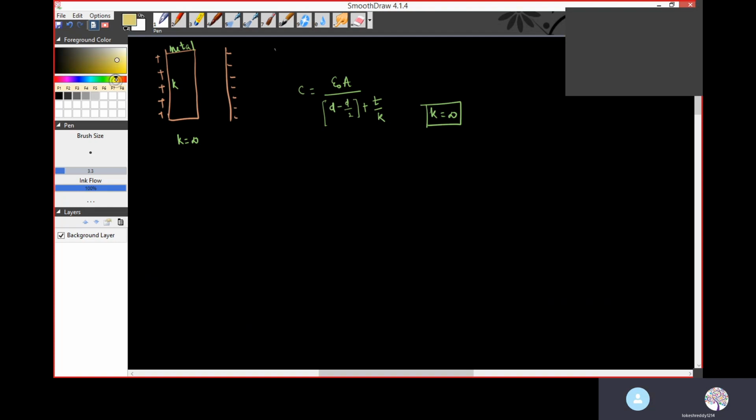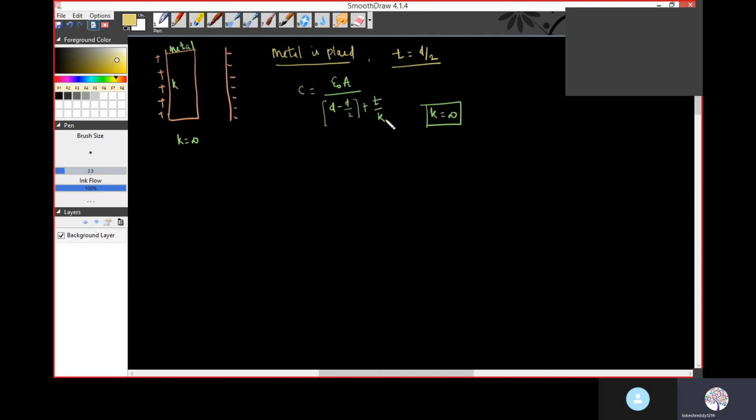Here the question is, a metal is placed whose thickness is equal to d by 2. That's why I placed d by 2 in place of t.